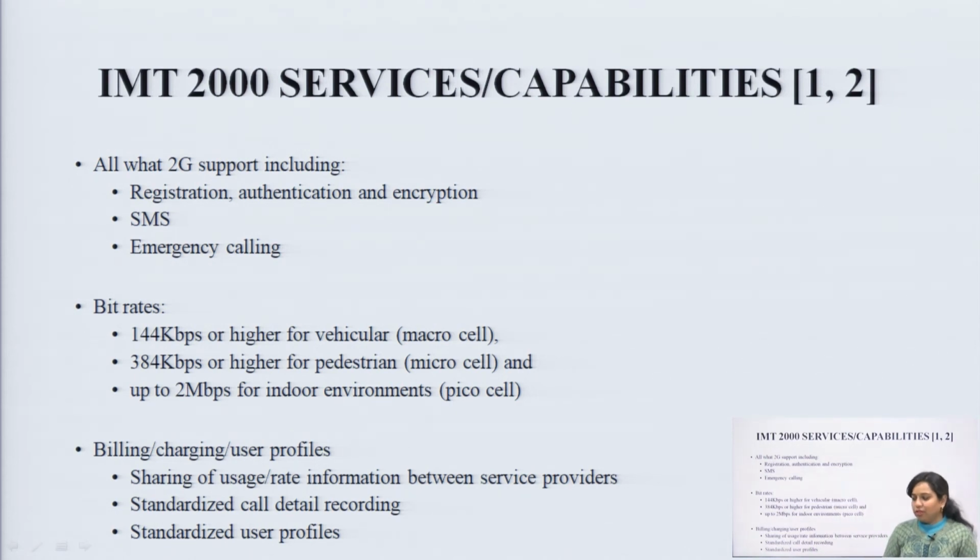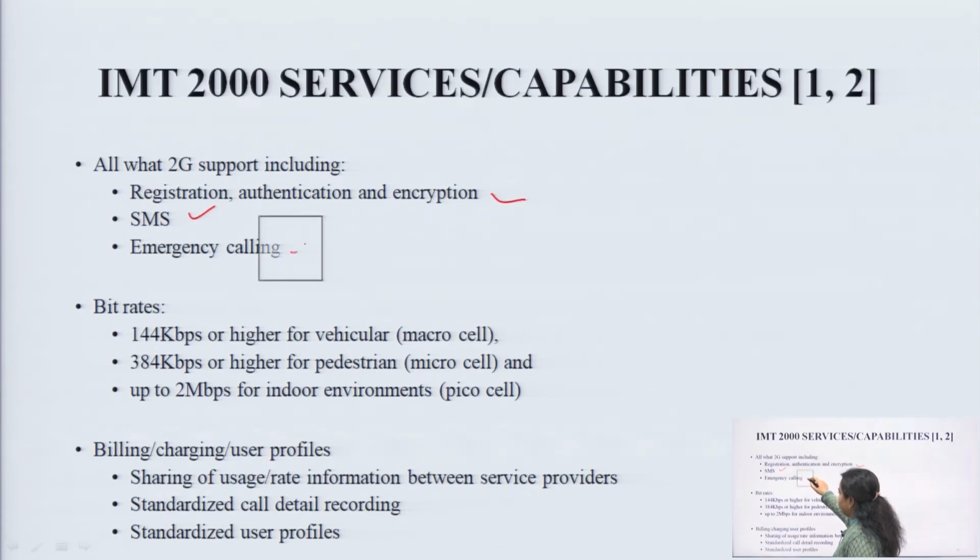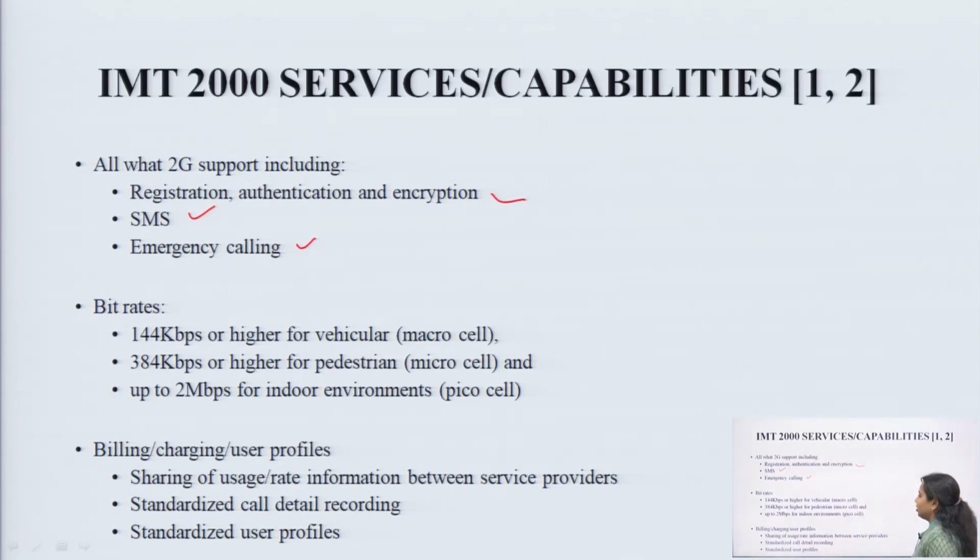Now, next is IMT-2000 services and capabilities. All that 2G supports, including registration, authentication and encryption, SMS, where a short message is transmitted, and emergency calling are also provided. So, these three things are also covered by IMT-2000.